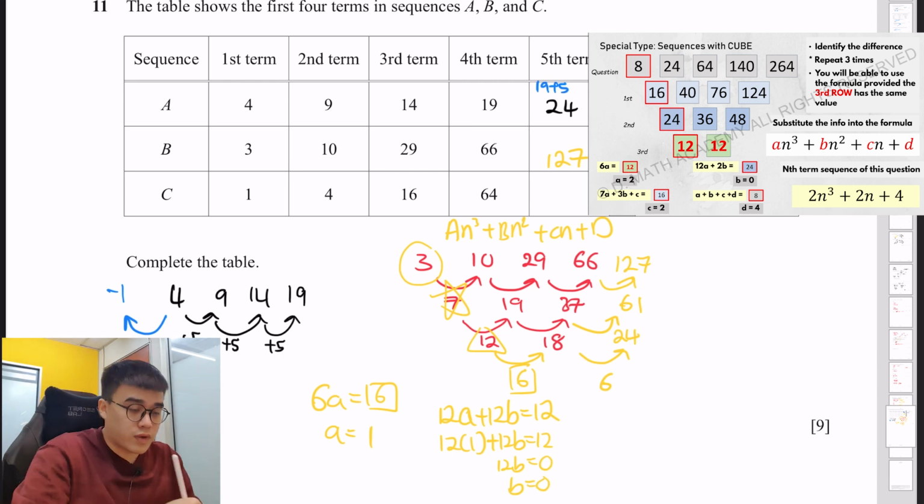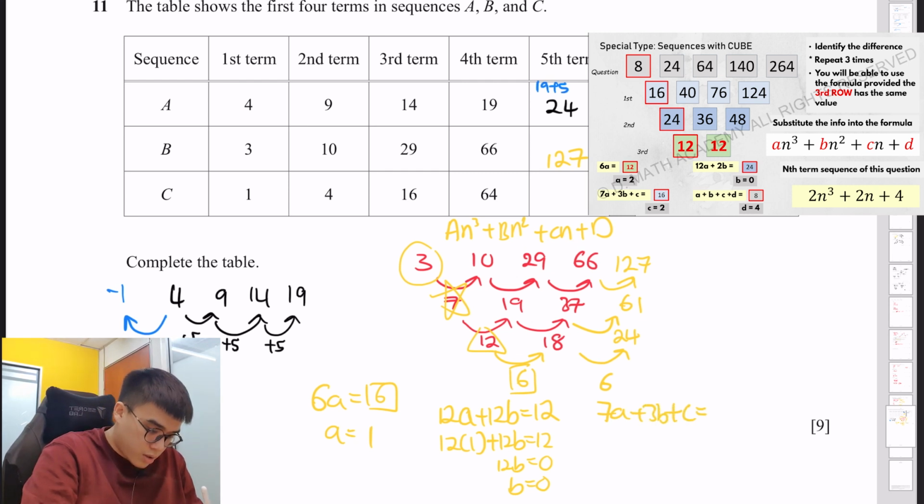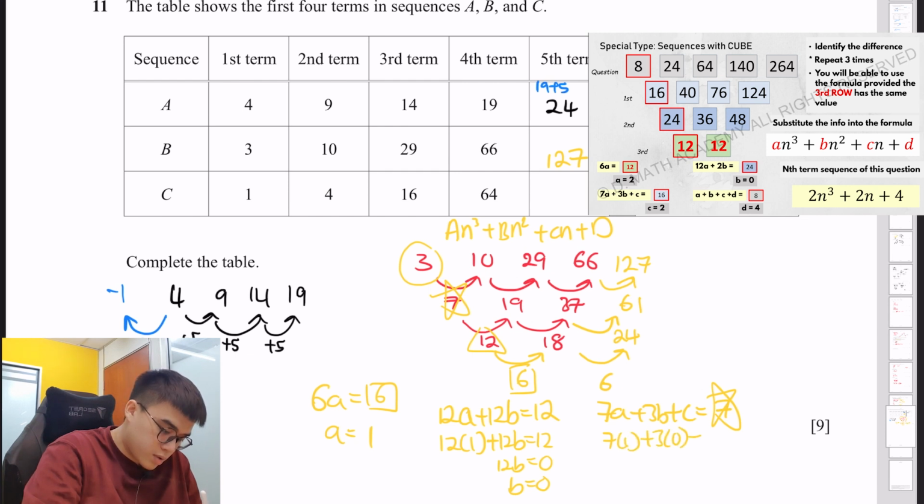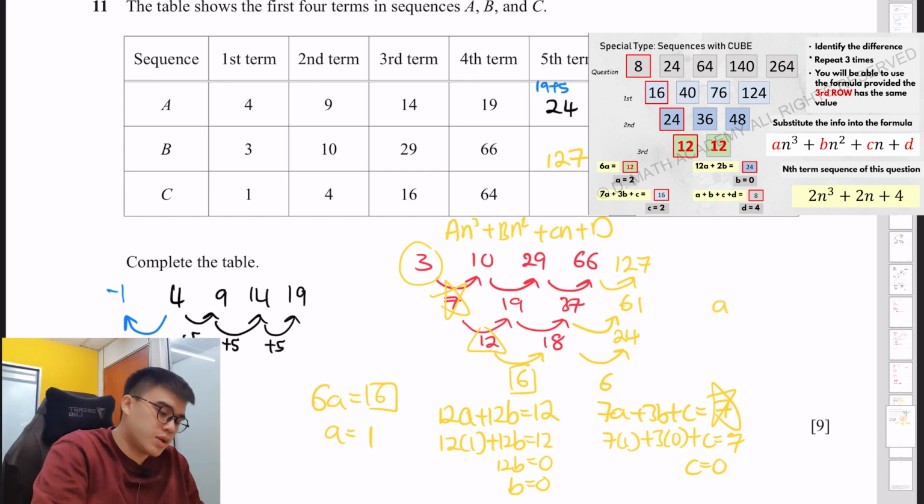Then the next part of the calculation, 7a plus 3b plus c equals to 7. Okay, so you will cancel them off as well. Then the last part, a plus b plus c plus d equals to 3.